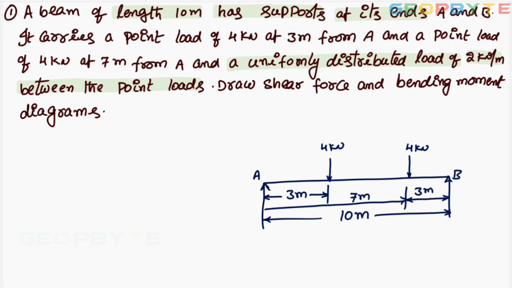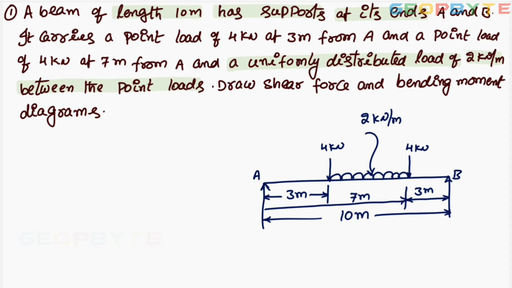Between the 2 point loads, the UDL is acting like this. The magnitude of the UDL is 2 kilonewton per meter. For this case, you are asked to draw the shear force and bending moment diagram.